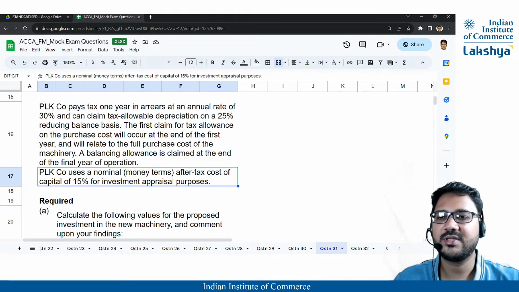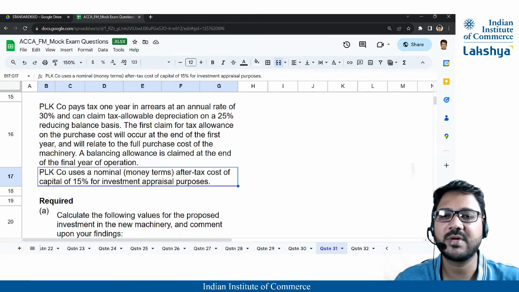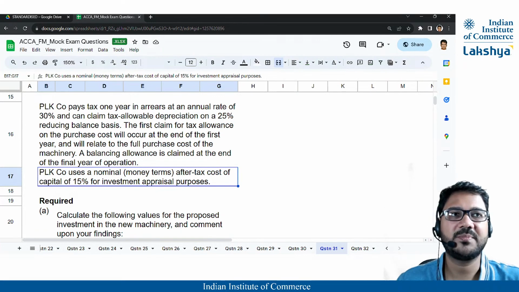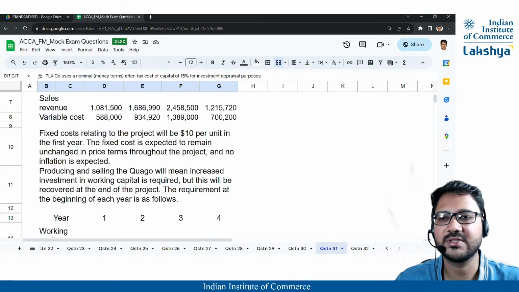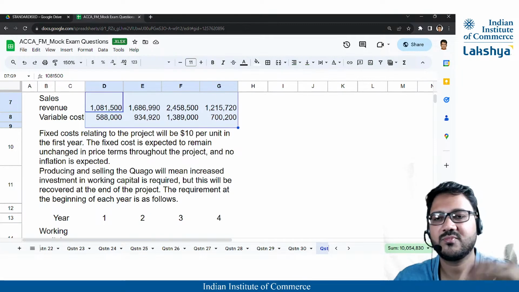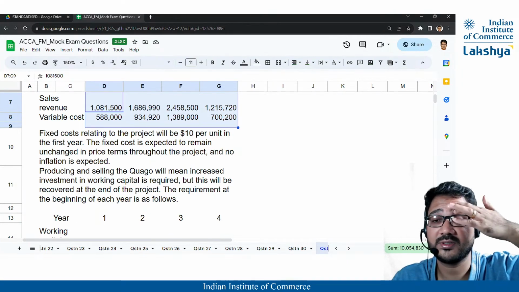Okay. Then PLK company uses a nominal, that is money term, after tax cost of capital of 15% for investment appraisal. Okay, so we have our nominal rate and all the figures are also in nominal, as in they are already hiked with the inflation.